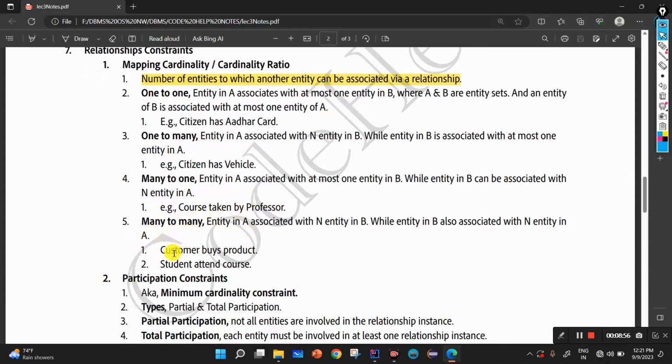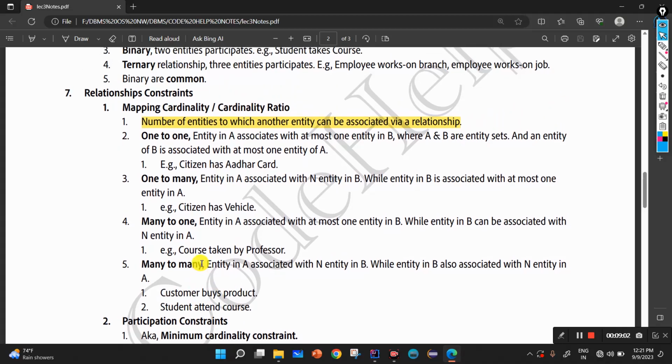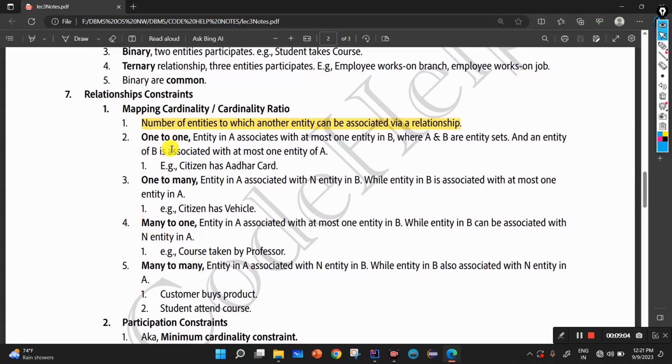Many to many: many customers buy many products, many students attend many courses. This comes under mapping cardinality: the number of entities to which another entity can be associated via a relationship.